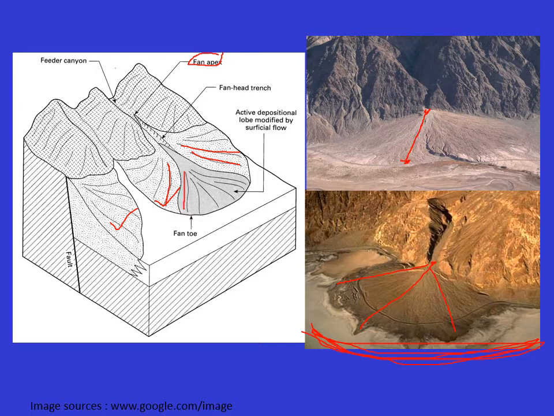So whenever, within the ephemeral streams or within some channels, the sudden flow of water is found in the arid conditions, after crossing the mountainous portions, the water is restricted in these flat areas, and thereby they deposit all the finer particles. That means the silt and clay particles are deposited within these areas.